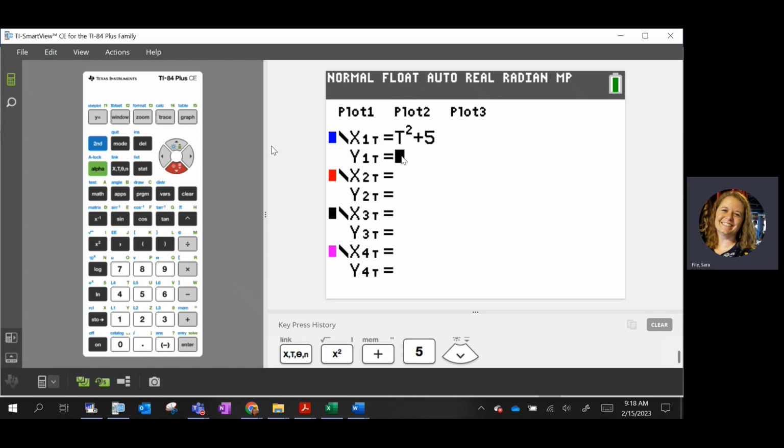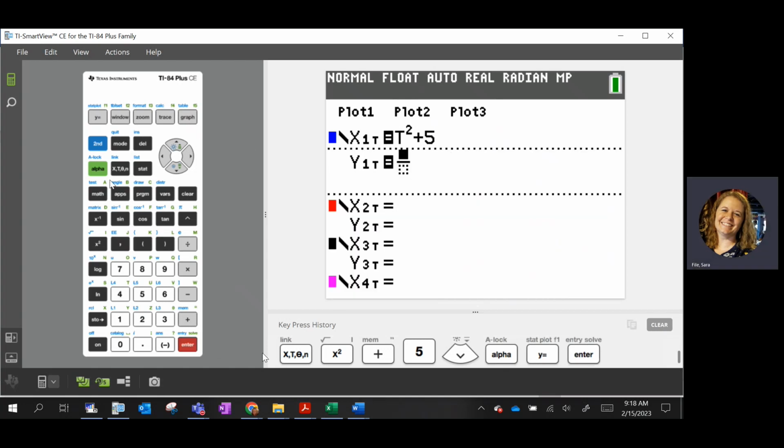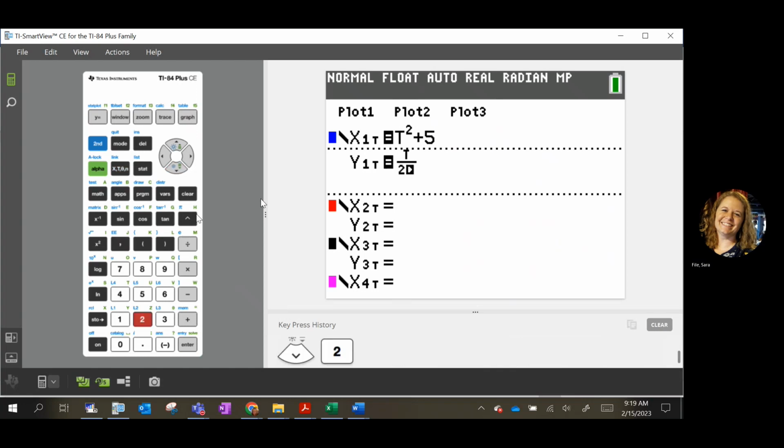Remember, to get a fraction in your graphing calculator, to get an actual numerator over denominator, you can hit alpha Y equals, and you get that N over D, numerator over denominator. And so then you just hit enter. So alpha Y equals enter gives you this fraction setup. And mine is T over 2, and then plus 4.